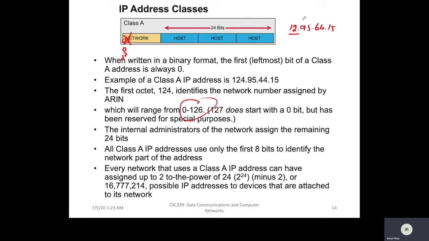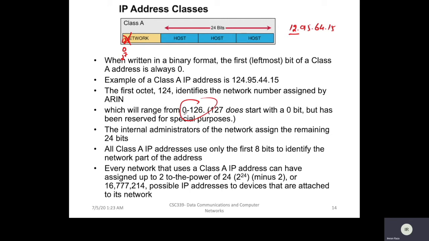This means this address belongs to class A, right? Obviously its value is between 0 and 126. Similarly, the address given here in this example, 124.95.44.15, is also a class A IP address. Why? Because 124 is between 0 and 126.